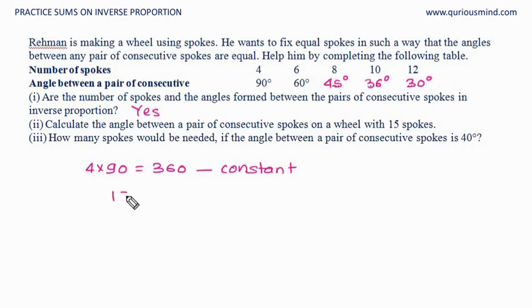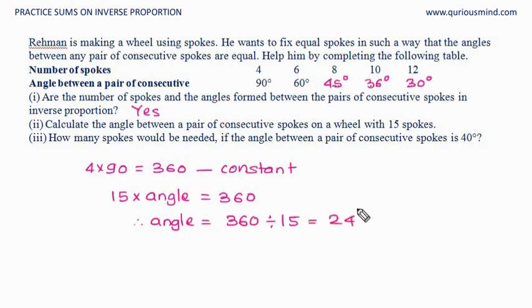So 15 multiplied by the angle is going to be 360, and therefore the angle is going to be 360 divided by 15, and that is 24 degrees. So the answer to this is 24 degrees.